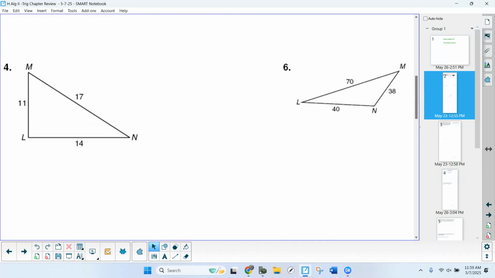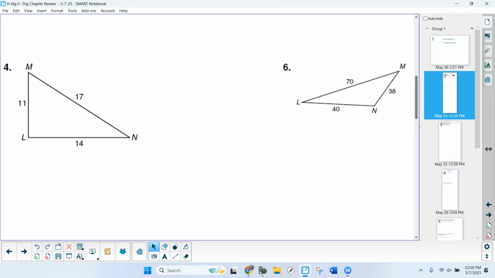When you have teachers or professors in your future, you might have teachers that say you have to find the smallest angle, then the next smallest angle, and leave the biggest for 180 minus your 2 acute. Or, since you're using law of cosines, because we don't have any ratios to use law of sines yet, since you're using law of cosines, there is no ambiguous case. So sometimes I find the biggest angle first using law of cosines, and then I don't have to worry about switching to law of sines.